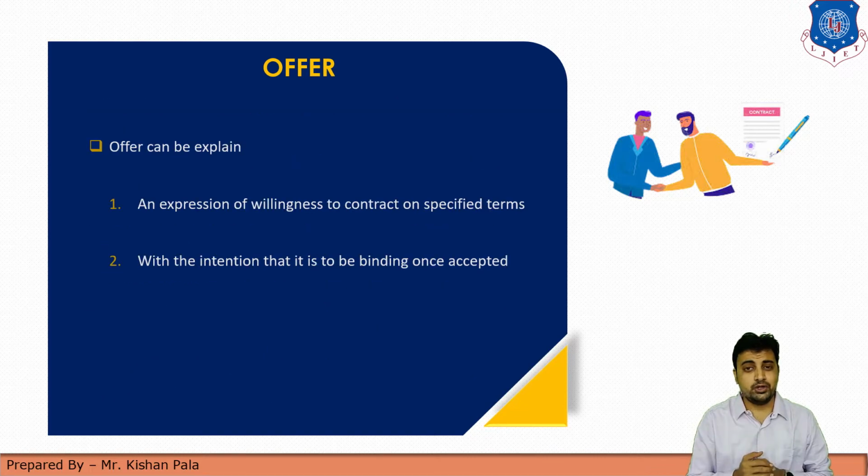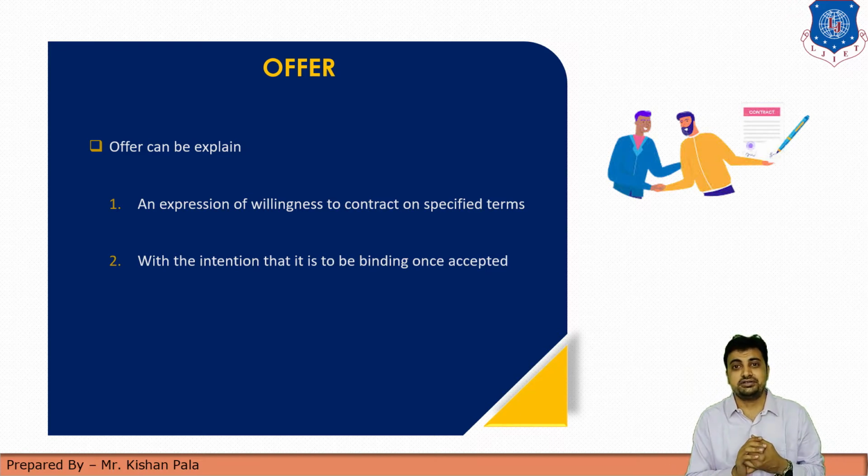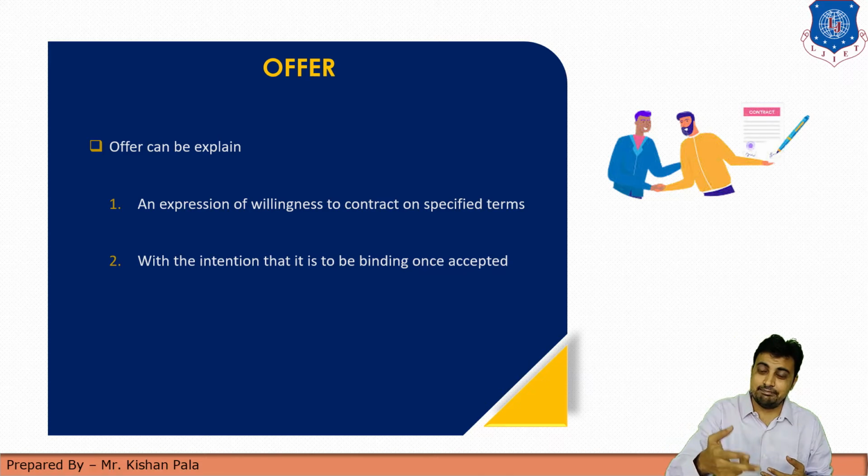And if we want to explain the offer in detail, we can explain it in two ways. In the first way, an expression of willingness to contract on the specified terms. For example, you are a client offering a particular type of structure, but you want this project with certain terms and conditions, for example, a particular grade of concrete and a particular quality of work. In that case, the contractor accepts that project, willing to do it with those terms and conditions.